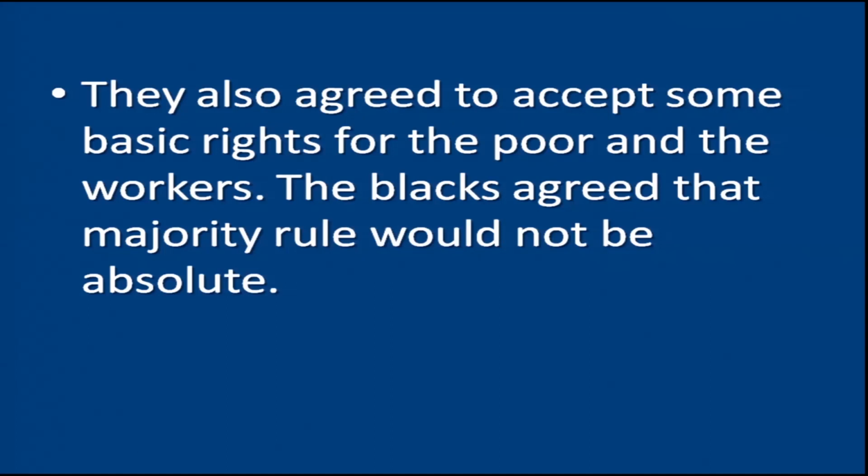Here, the white people agreed to accept some basic rights for the poor and the workers. The blacks also agreed that majority rule would not be absolute, because majority is needed in terms of formation of the government, not in terms of the communities.